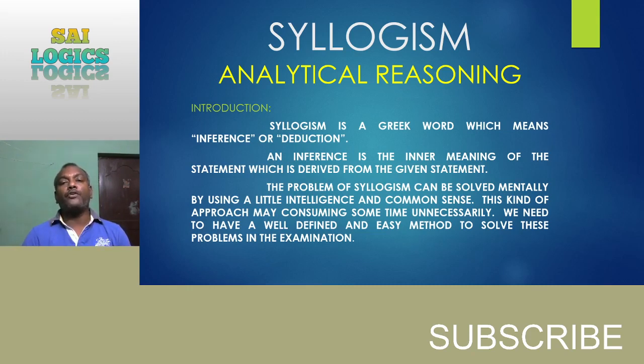But this approach may consume a lot of time in the examination. So to do it effectively and very quickly, we need to adopt a well-defined, easy method. That method is nothing but the analytical method.